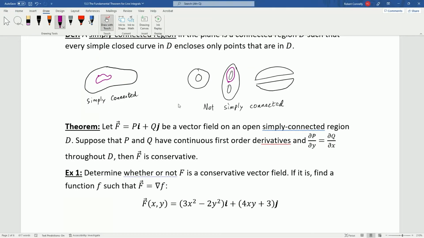Okay, so here's the big theorem that we've been looking for that ties hopefully all of these things together. Let F equal P i plus Q j.